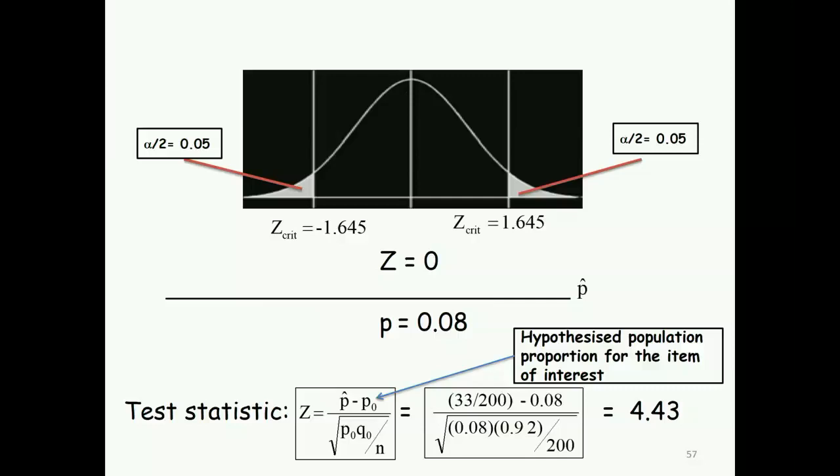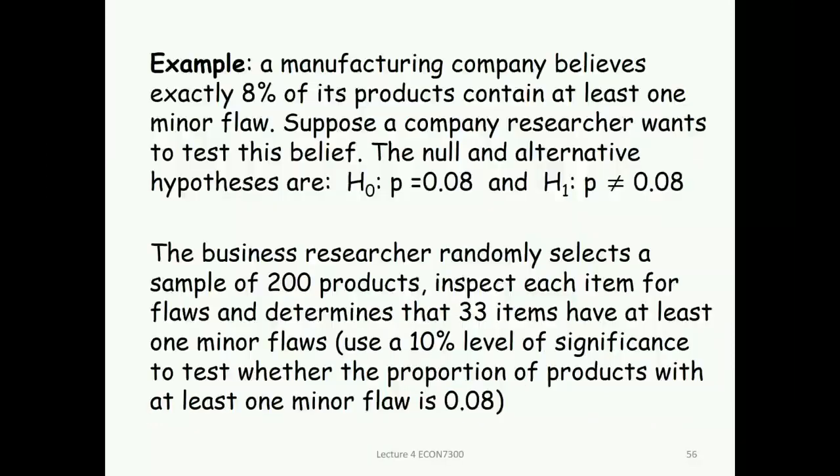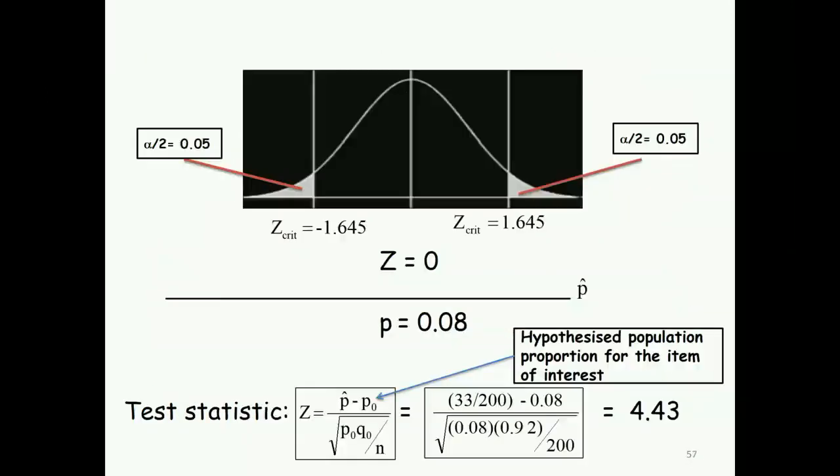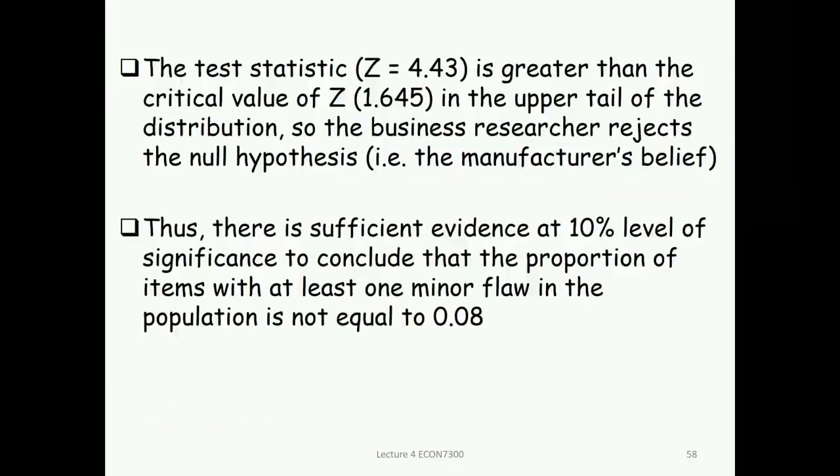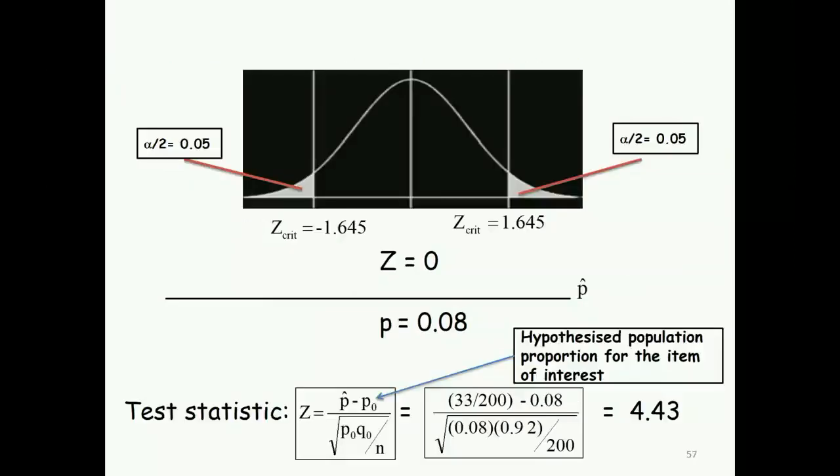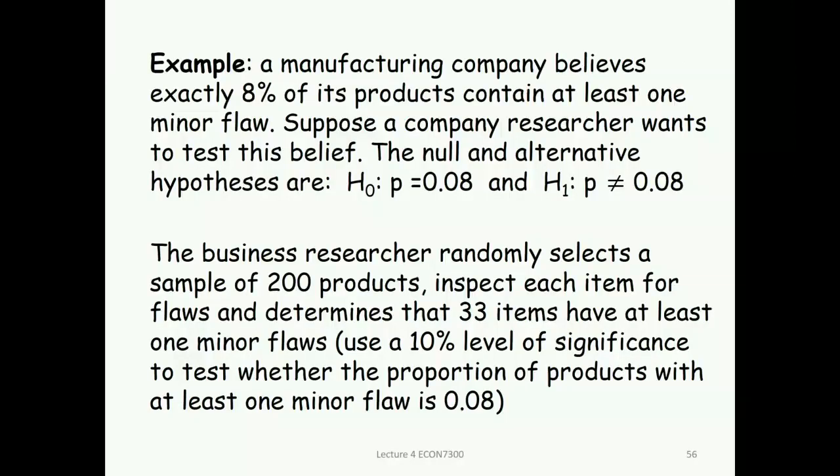Then I found 4.43. 4.43 is very far from 1.645. So not only at 10%, I could even reject at 5%. Because 4.43 is greater than the critical value, I reject the null hypothesis, and it means that there is sufficient evidence at the 10% level of significance to conclude that it's not equal to 8%.